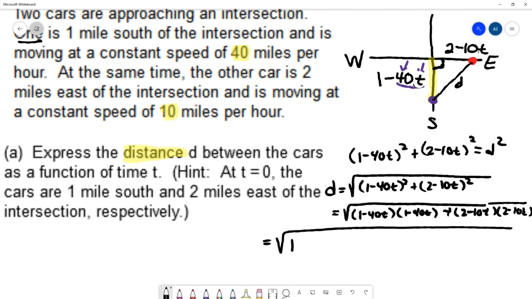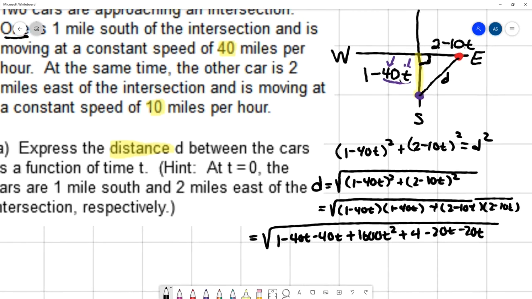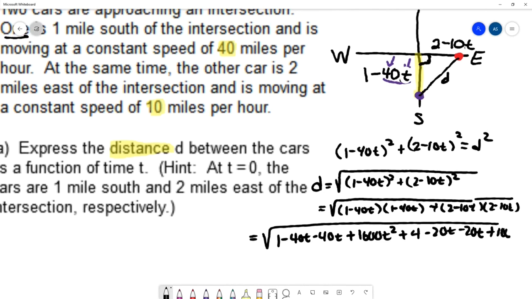So that will be 1 minus 40t minus 40t plus 1600t squared. 2 times 2 is 4. 2 times 10, that's minus 20t, and then plus 100t squared.